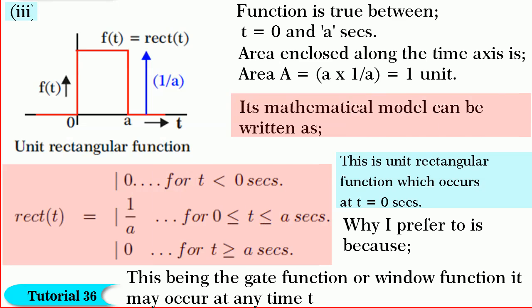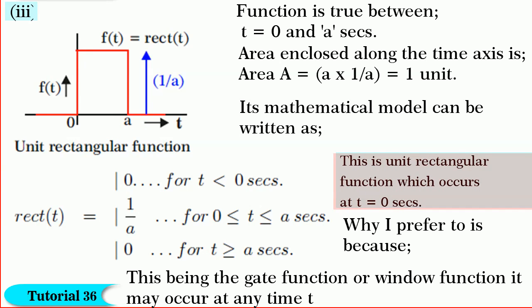Its mathematical model can be written as rect of t is equal to 0 for t less than 0 seconds, and is equal to 1 by a for t between 0 to a seconds, and again is equal to 0 for t greater than or equal to a seconds. This function, I prefer to call a unit rectangular function which occurs at t is equal to 0. Why? Because this being the gate function or window function, it may occur at any time t.